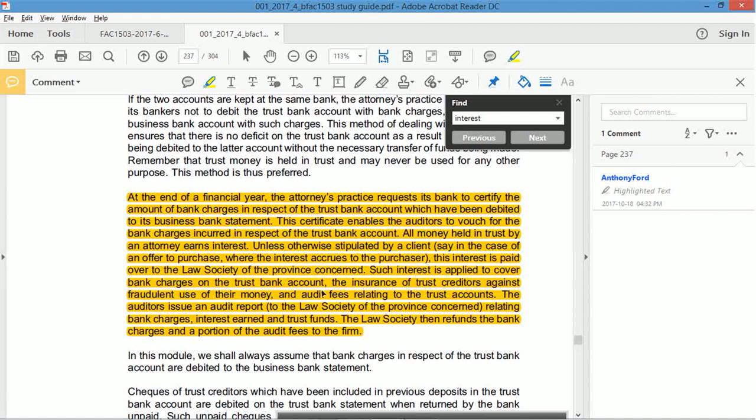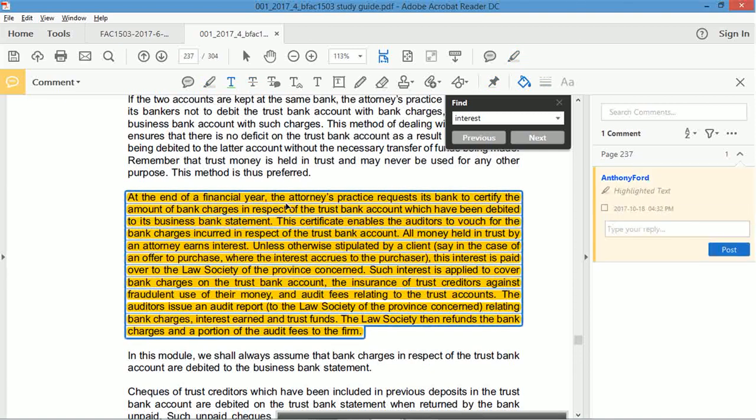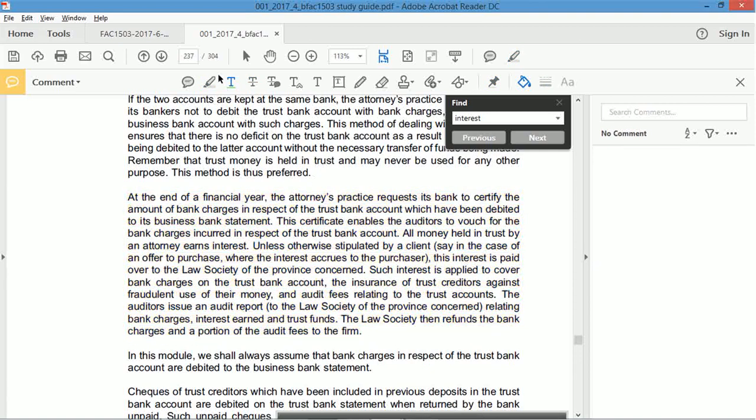Such interest is applied to cover bank charges on the trust bank account, the insurance of the trust creditors again. Okay, see, there it is there. Okay, so such interest applied.